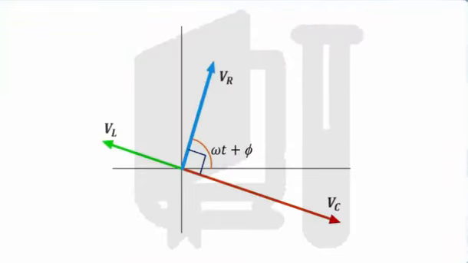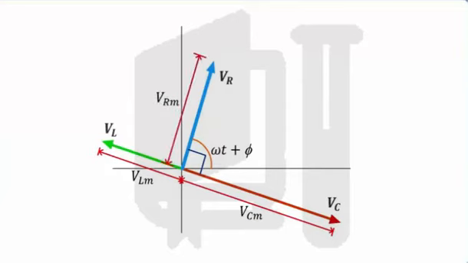The amplitudes of the potentials across the capacitor and inductor are VCm and VLm respectively, and are at a phase difference of pi by 2 from that across the resistor, that is VRm, and they lie on the same line on the phasor diagram. Hence, the phasors VL and VC lie on a line perpendicular to VR, but in directions opposite to each other.